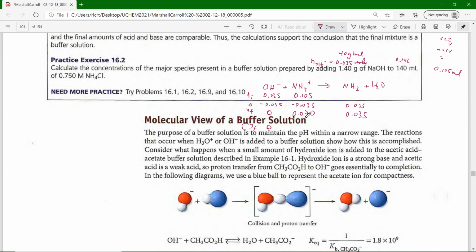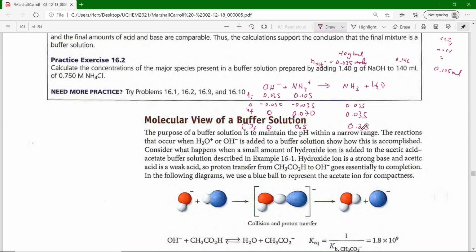The NH4 plus is 0.07 divided by 0.14, which is 0.5. Okay, good. So that's the NH4 plus concentration. The NH3 concentration is 0.035 divided by 0.14, which is 0.25.